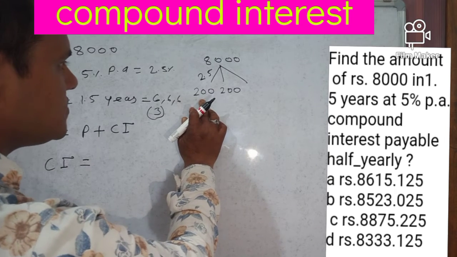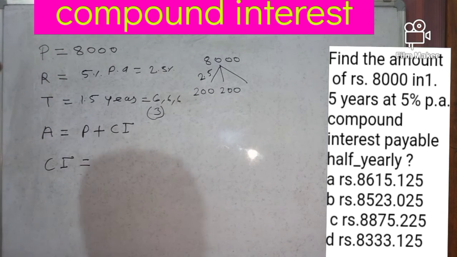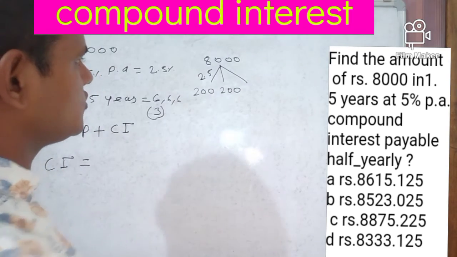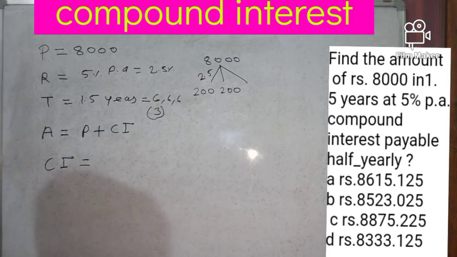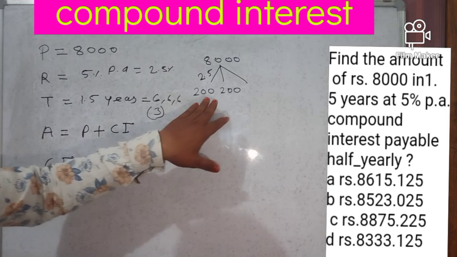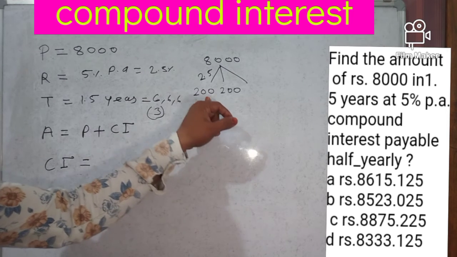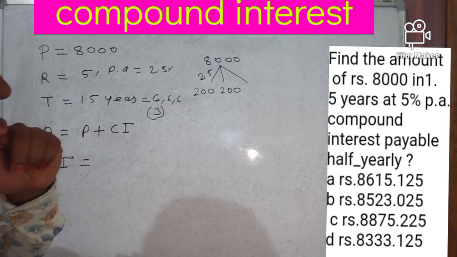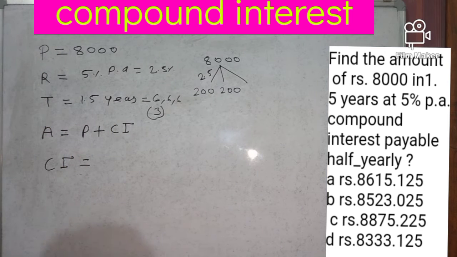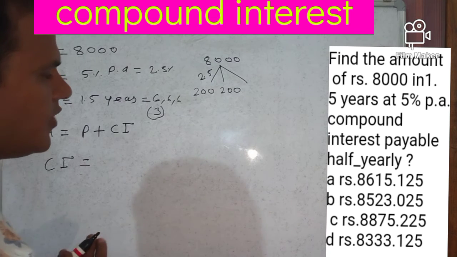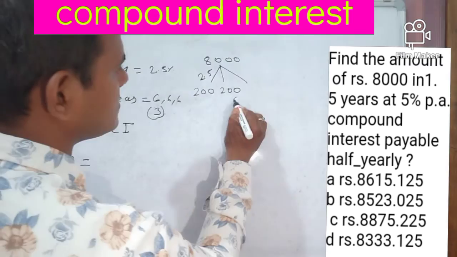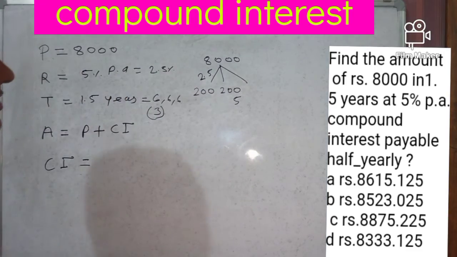So what will be 2.5% of 200? 10% will be 20 and 5% will be 10 and 2.5% will be 5, right? So it is right.